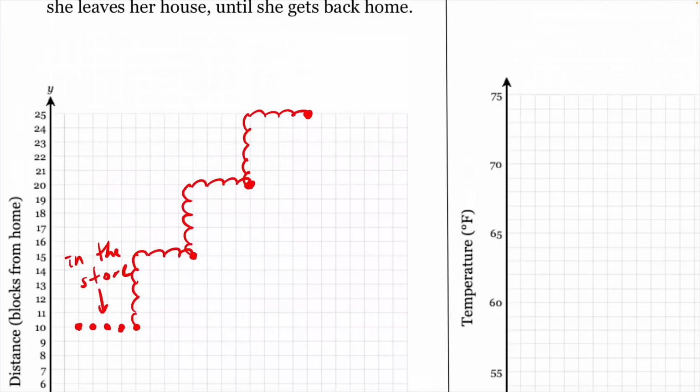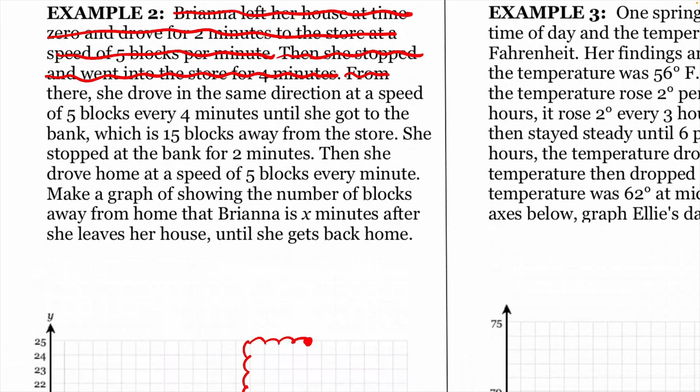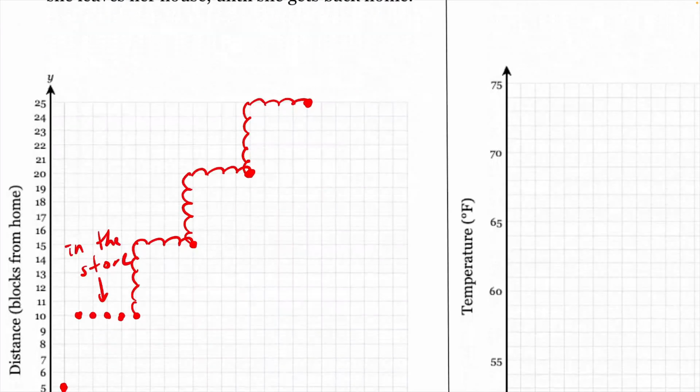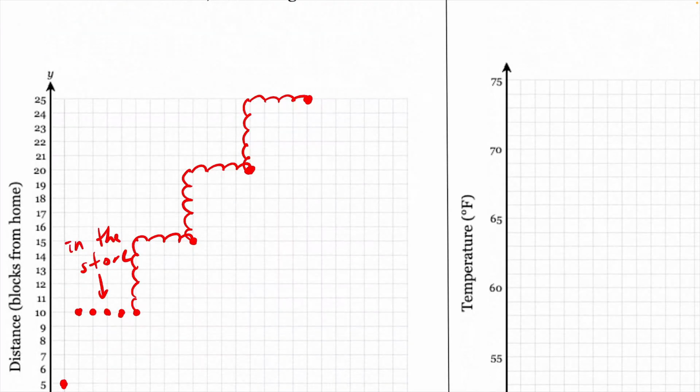So she's at the bank. How long is she going to be in the bank for? 2 minutes, right? So where are the next 2 dots going to be? She's going to stay there. We're not going anywhere. She's in the bank.